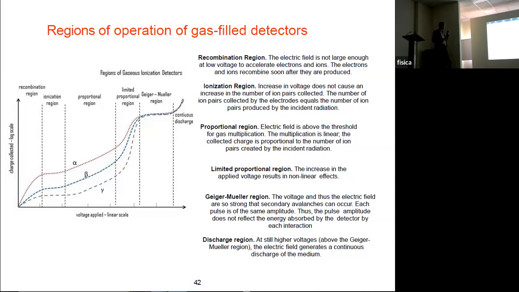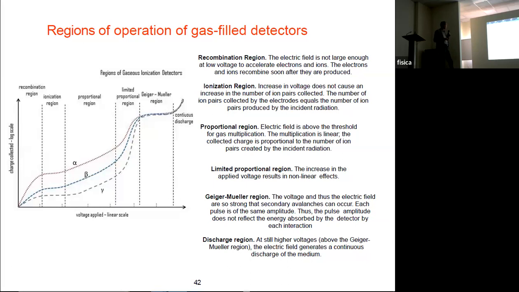The fourth region is called the region of limited proportionality, and no detectors operate in this region because there are a lot of non-linear effects, and we don't get the energy of the particle.